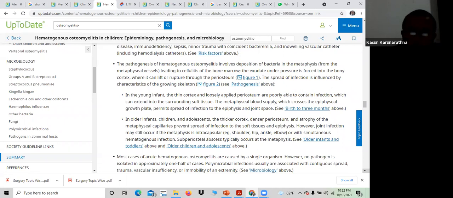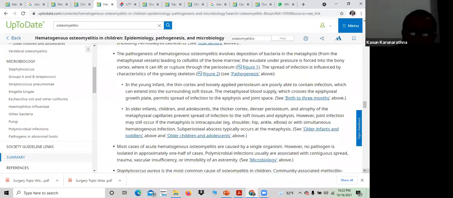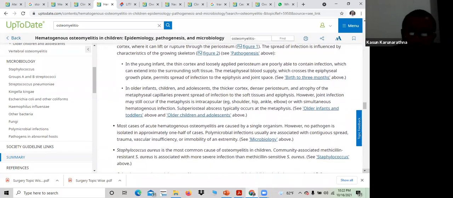Spread of infection is influenced by characteristics of the growing skeleton. In the young infant, the thin cortex and loosely applied periosteum are poorly able to contain infection. And in the young infant, there's a risk of septic arthritis as well, right?